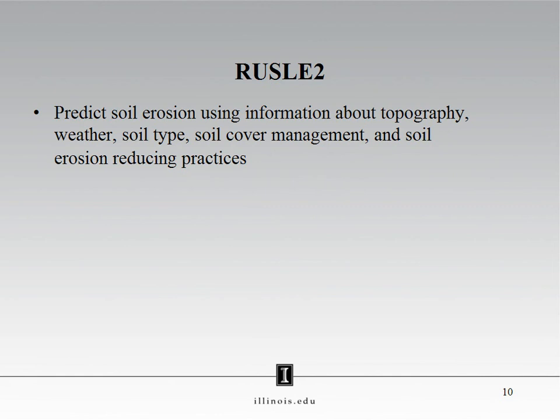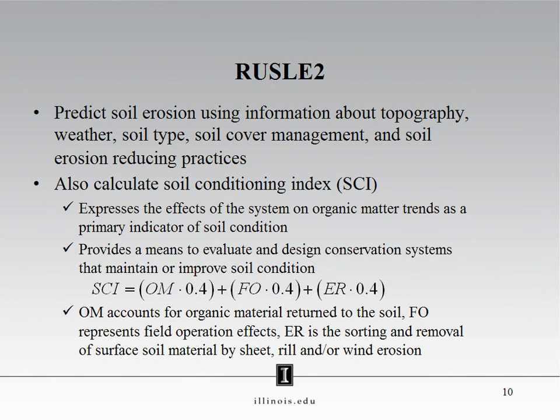RUSLE2 is a well-known soil erosion model. RUSLE2 has been applied worldwide to predict soil erosion using information about topography, weather, soil type, soil cover management, and soil erosion reducing practice. Importantly, RUSLE2 also calculates the soil conditioning index.